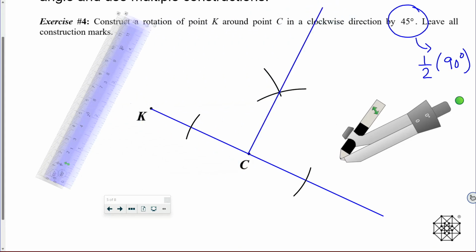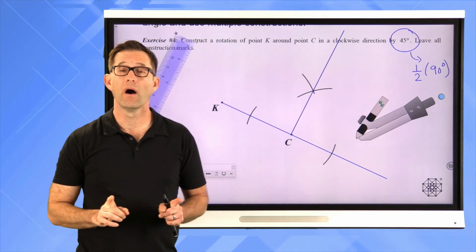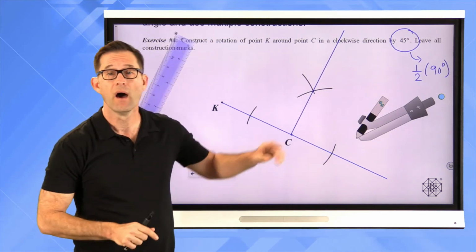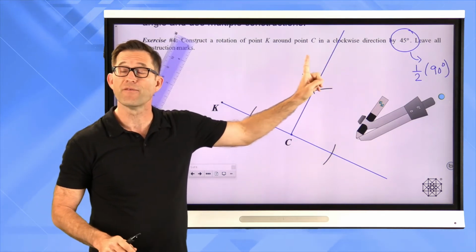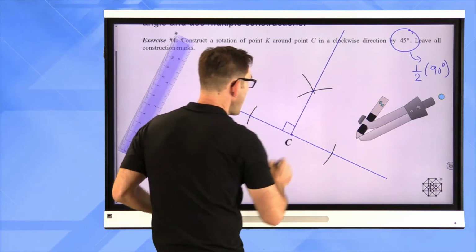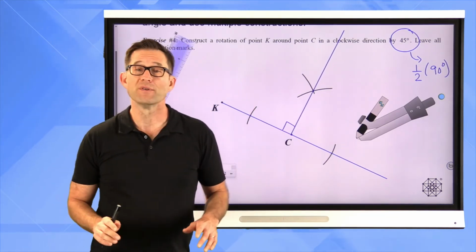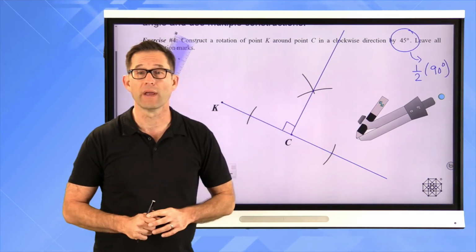Now, I don't need to do the second part of the constructions that we just did. I'm not looking for K prime to be on this, not at all. In fact, the only reason I wanted that 90-degree angle was so that I could then go ahead and bisect it to get my 45-degree angle.